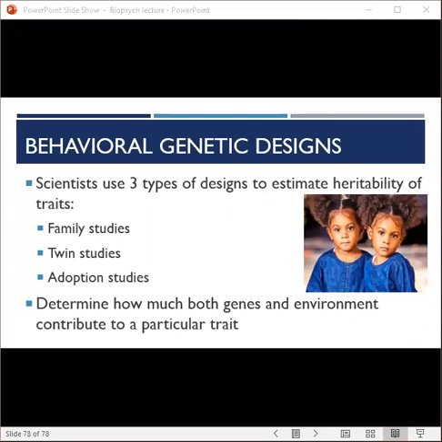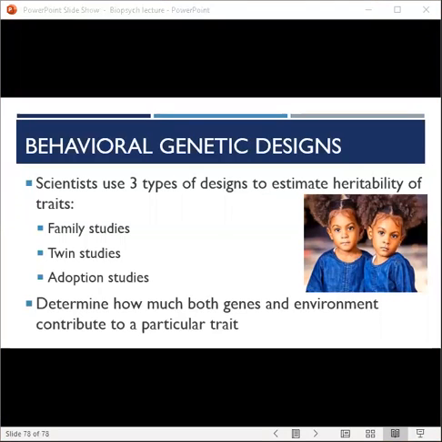So as Dr. Plowman was saying, behavioral genetic studies allow us to examine the presence or absence of a trait among different relatives. And so this helps us to determine how much genes and environment contribute to the cause of the trait. And there's 3 common ways that we do this, which you got an overview in the video. In family studies, researchers examine the extent to which a trait runs in family members who were raised in the same home.